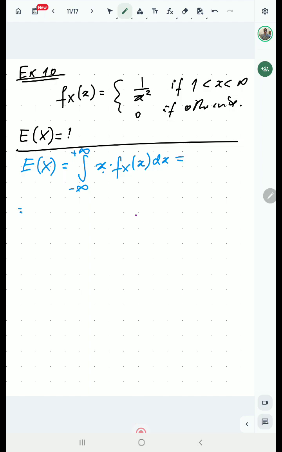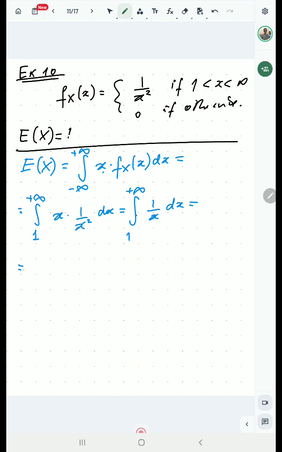And here we know that the PDF is 0 everywhere except for the interval 1 to positive infinity. So I just integrate within this interval x times 1 over x squared dx. That is the same thing as the integral from 1 to positive infinity of 1 over x dx.